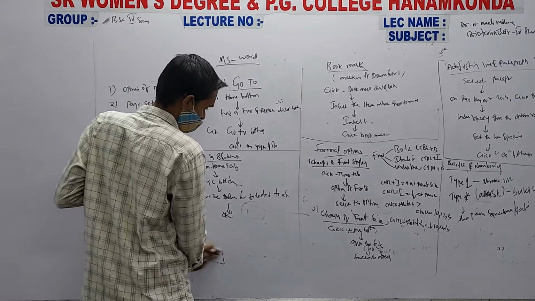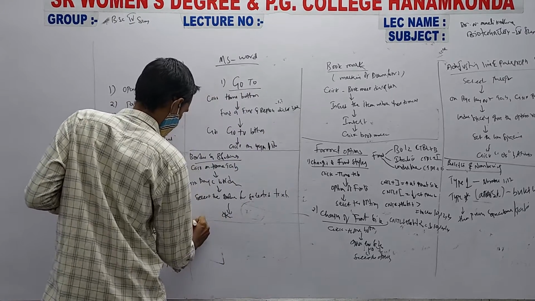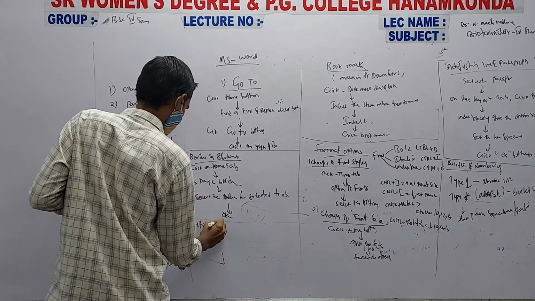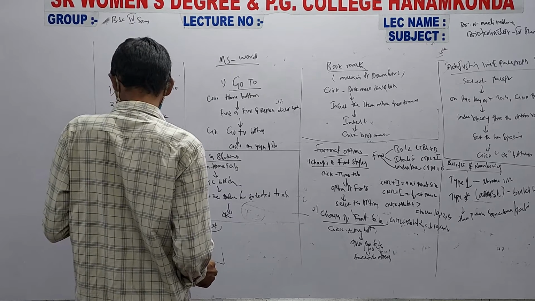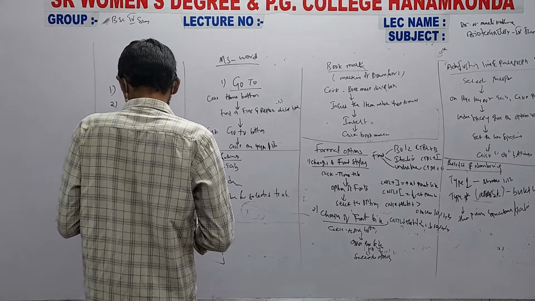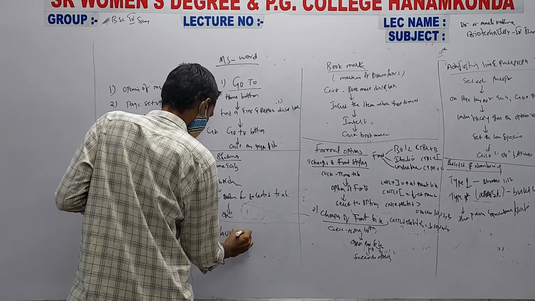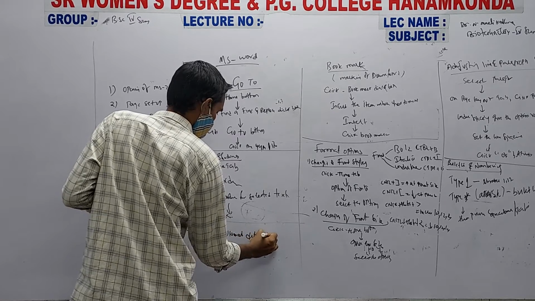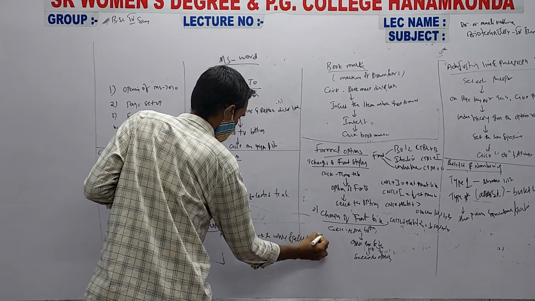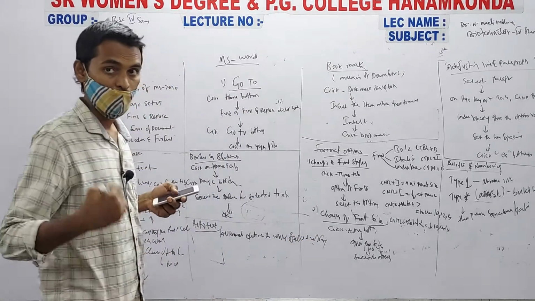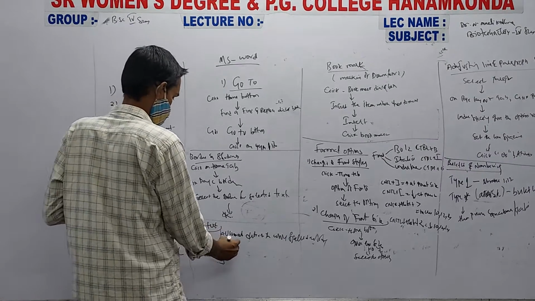Next important option is AutoText. It automatically detects wrongly spelled words and automatically replaces them. It also inserts symbols.